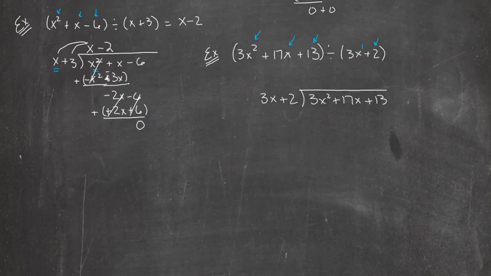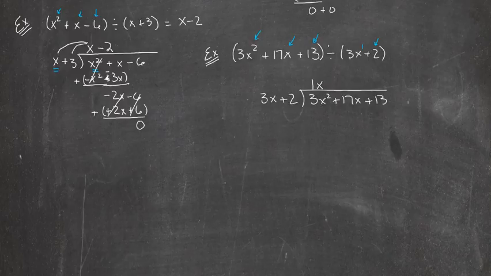What would I multiply 3x by to get 3x squared? You probably see already the answer to that question, but let's go through it step by step. A positive times a positive would give me a positive. Good. 3 times 1 would give me 3, so that would be a 1. I have 1x. I need one more x to have 2 x's.